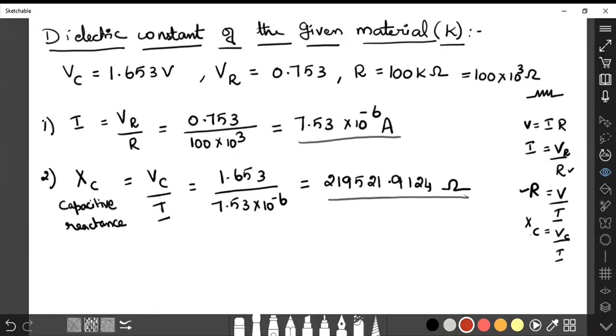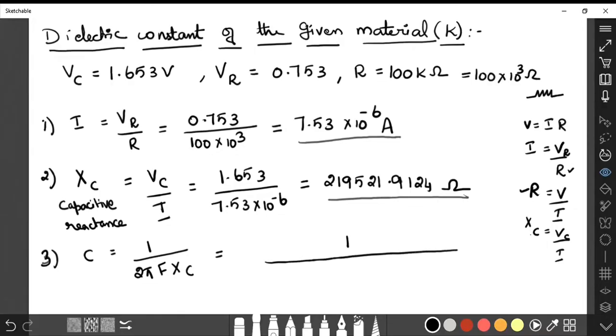Next we have to calculate the capacitance. What is the formula for the capacitance? Capacitance C is equal to 1 divided by 2 pi F into XC. Here we substitute the F value.